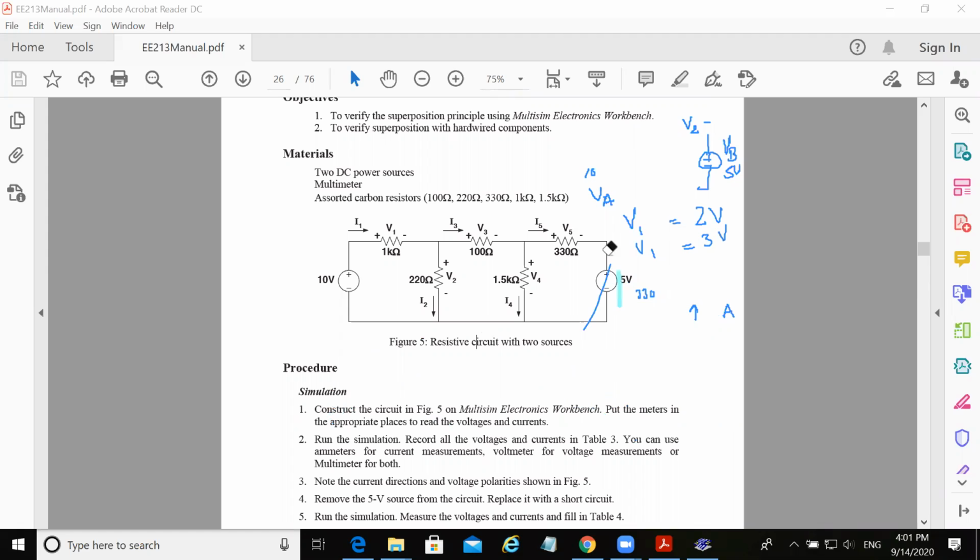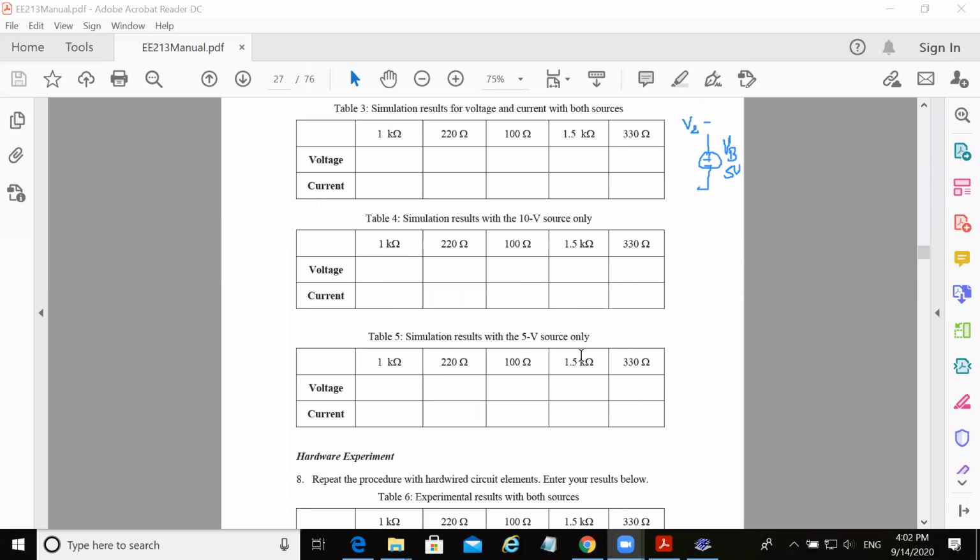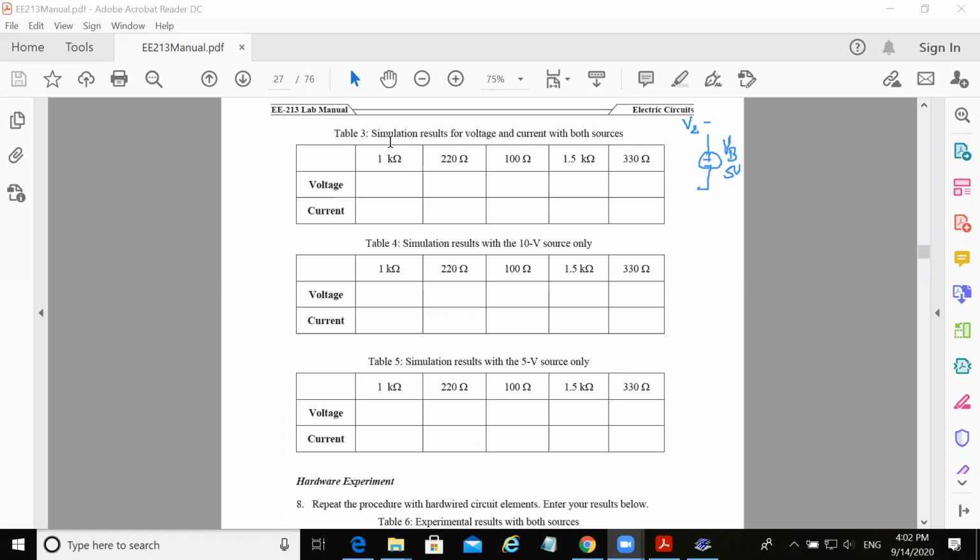Okay, remember that we have 2 sources. So we will have 2 tables. One table will be for the 10 volt source and the other table will be for the 5 volt source. Let's move to the next page. Okay, here we are. Table number 3 is for the simulation results of the voltages and currents when both sources are activated.